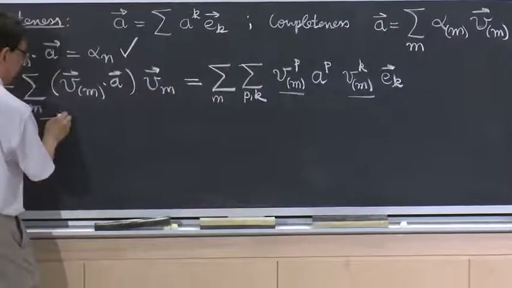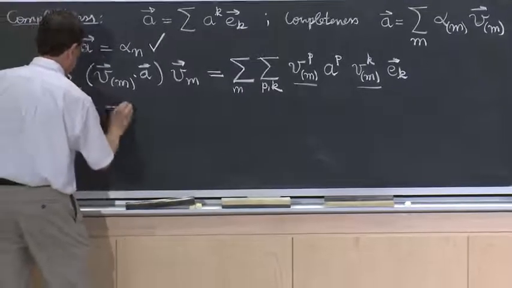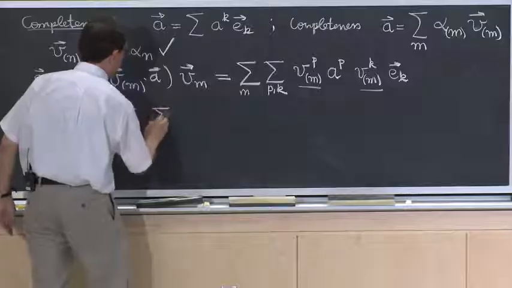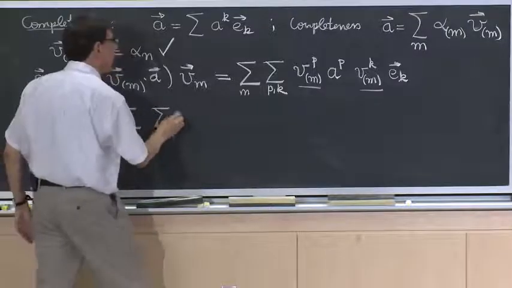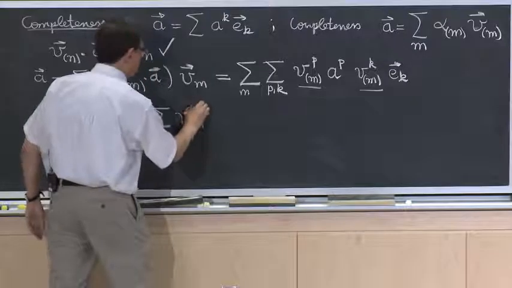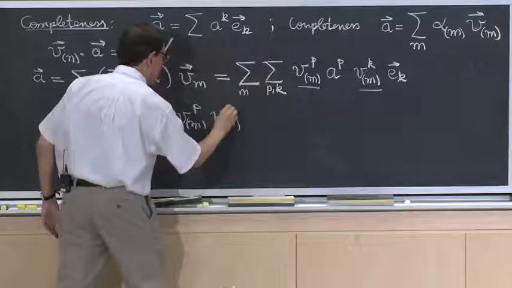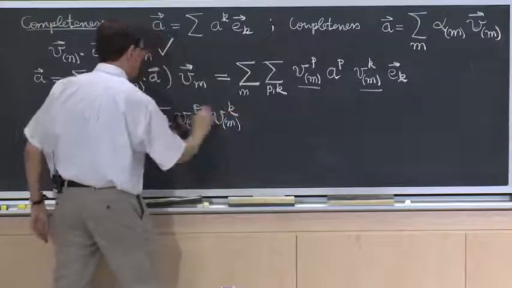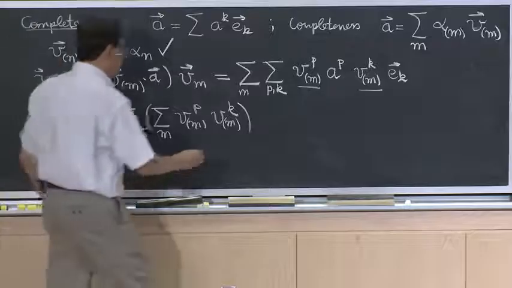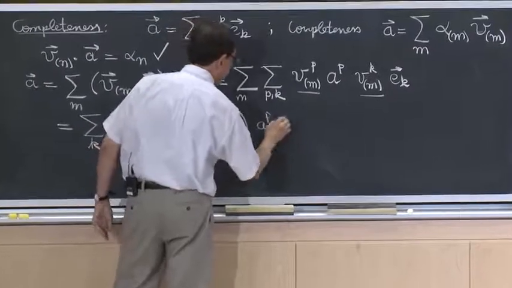We'll write the sum over p, or k, the sum over p, and then the sum over m of v_mp v_mk. Then we have A_p, and then finally we have e_k.